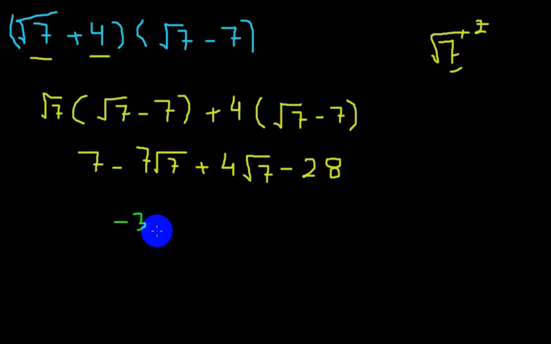So now I'm going to write negative 3 square root of 7. What is 7 minus 28? 7 minus 28 is negative 21 actually. So negative 3 into square root of 7 minus 21. This is our final answer. That's how you expand the brackets, actually two brackets when they are in multiplication.